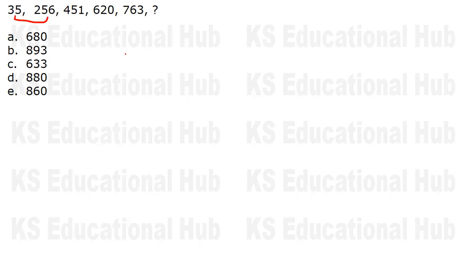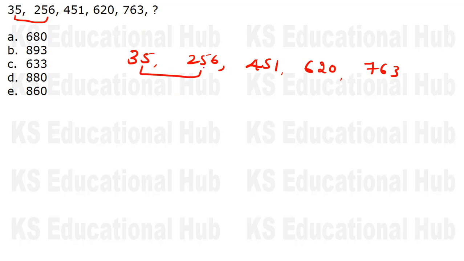So for that reason, I'm going to write the series once again. 35, 256, 451, 620, 763. I could write it there, but the space is not sufficient. But you have to put this in the exam, friends. Okay. So, 256 minus 35 is 221.